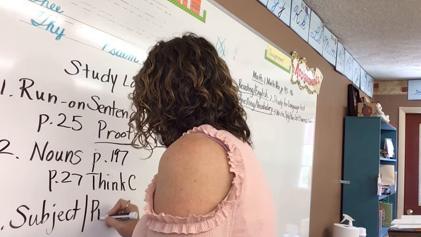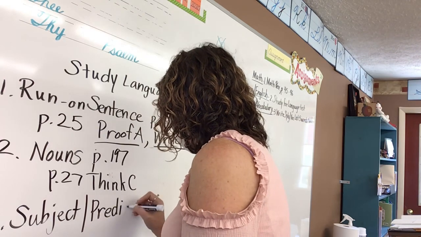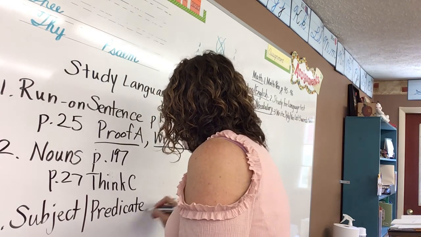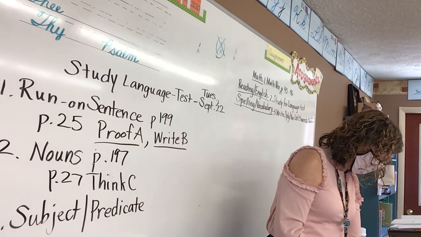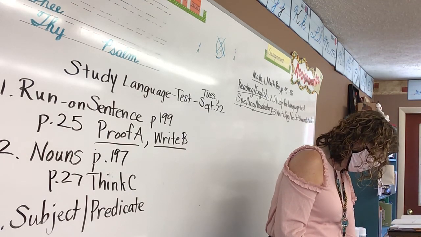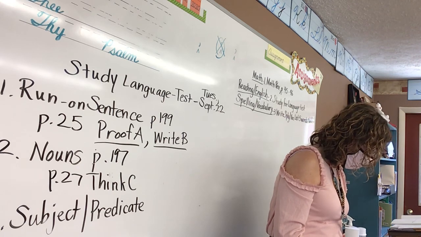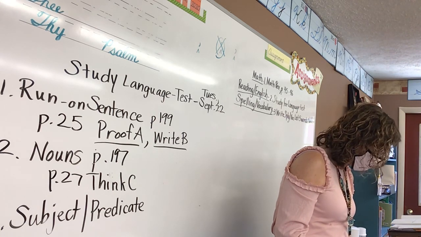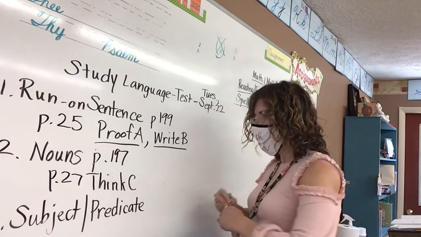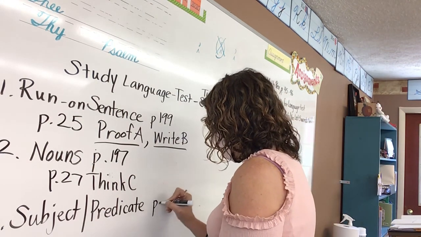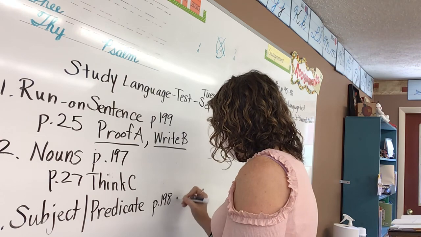And then the next section is subject predicate. So you're drawing a line between the subject and the predicate. So I'm going to write subject and predicate like this. And in the back of your book, 198 and 199 is where you can find the definitions for subject and predicate.